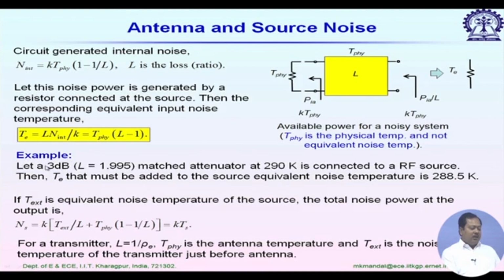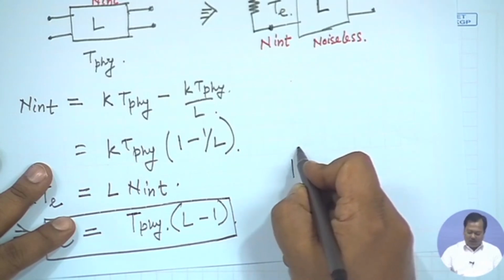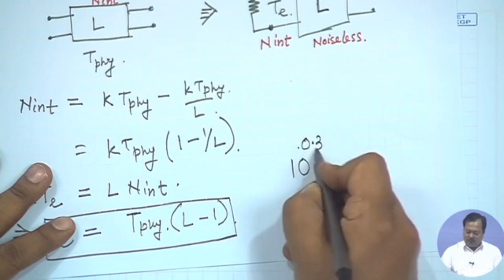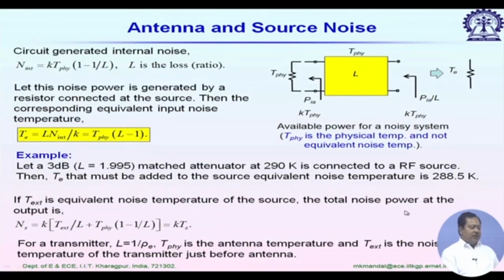So in fraction, the value will be simply 10 to the power 0.3, and you put the value of L here, then Te is equal to T physical, which is 290, multiplied by L minus 1. So it is 0.995 and the value is 288.5 Kelvin.